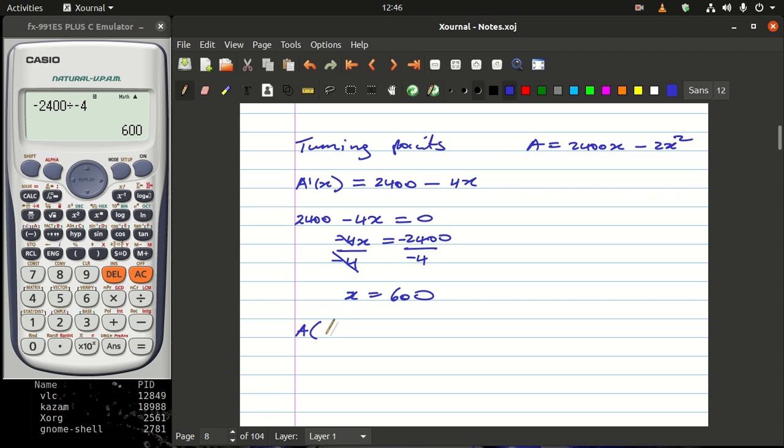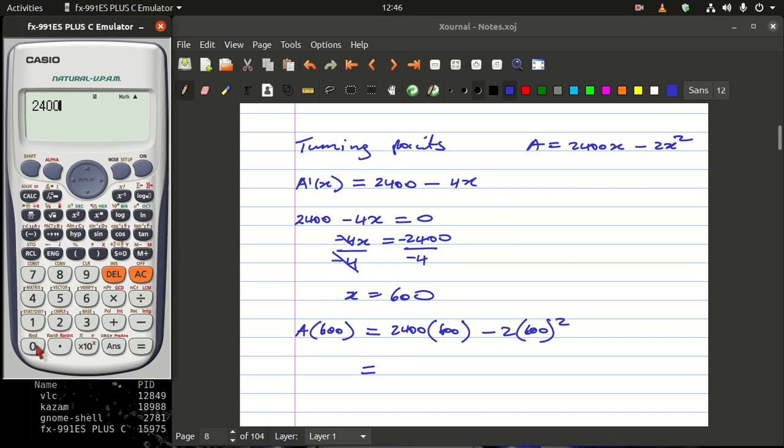Once I get x is equal to 600, I just check what the area is when x is equal to 600. I have 2400 times 600, and then minus 2 times 600 squared.